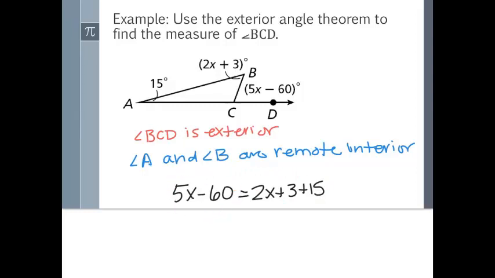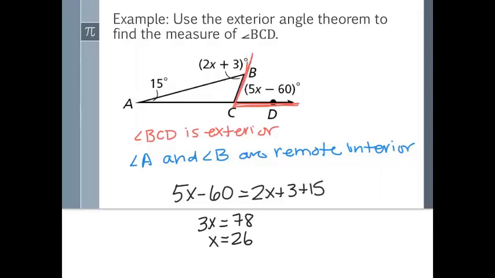And solving, we get 3x equals 78, so x equals 26. It says use the exterior angle theorem to find the measure of angle BCD. Well, that's this angle right here.